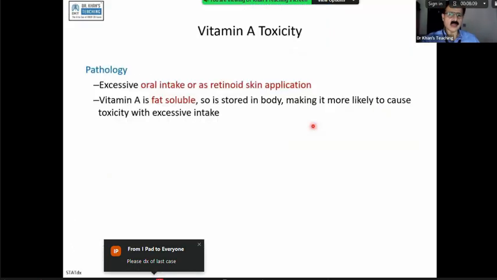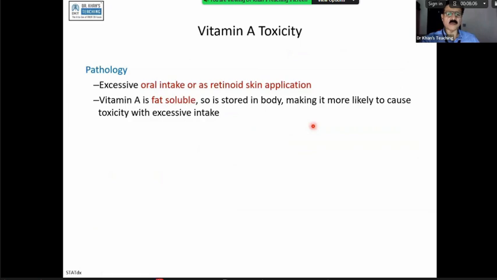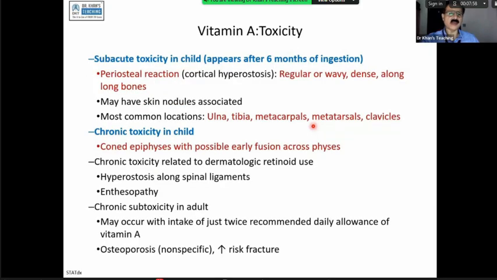Now, vitamin A toxicity: it's fat soluble, so we can eat it, and usually the dose matters. Periosteal reaction is regular or wavy, dense along long bones. There is another very unique finding, and I am going to show you an example, because if somebody shows you in the exam, you should know it: coned epiphysis with possible early fusion across the physis.